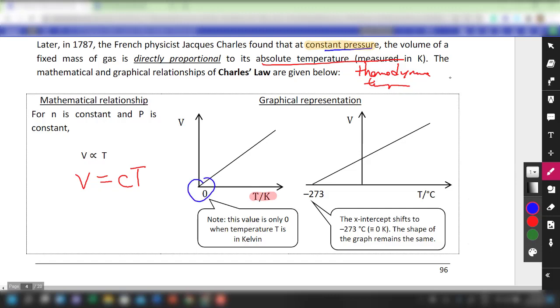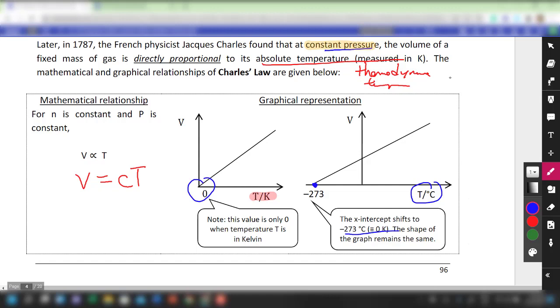But if you are plotting V against temperature in degrees Celsius, then you will have to ensure that your graph cuts V equals 0 at minus 273 degrees Celsius. This is very important. There is a shift in the graph. The reason is the conversion between degrees Celsius and thermodynamic temperature.